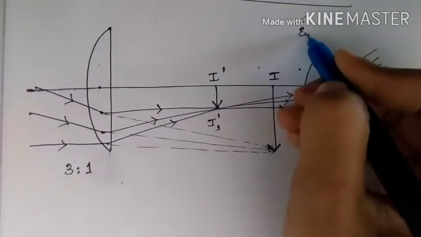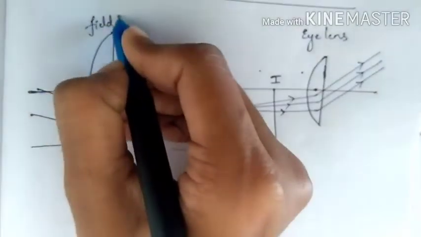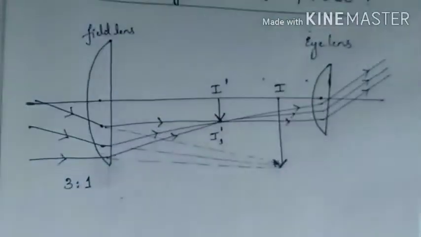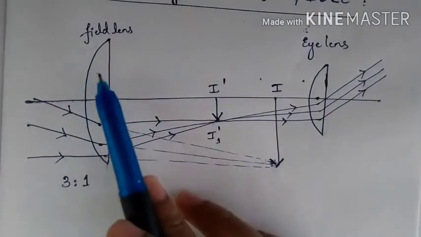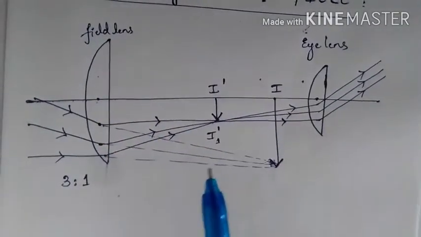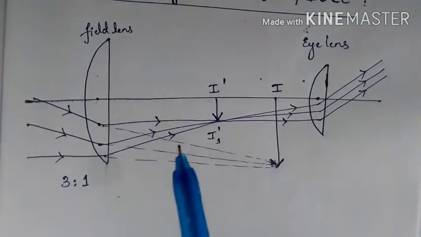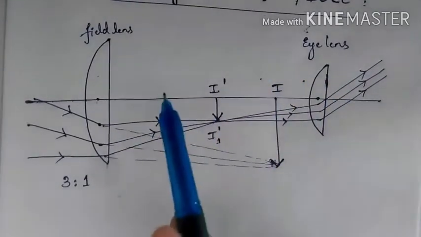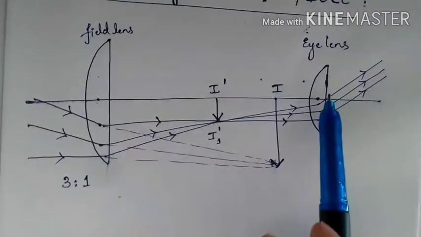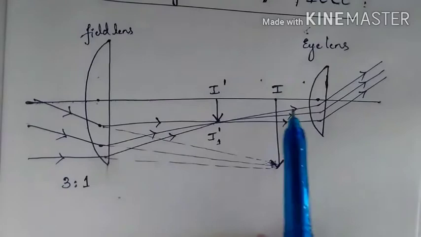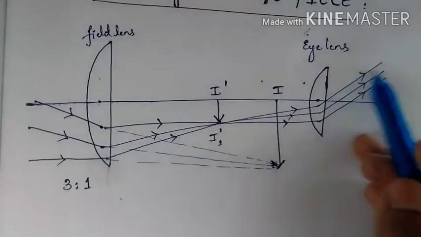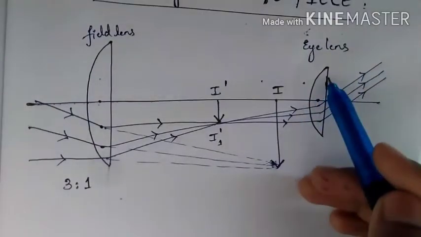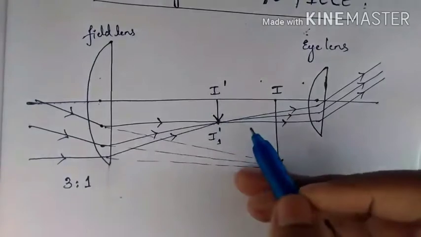So this is the eye lens and this is the field lens, and the overall system is the eyepiece. In the eyepiece you have the field lens and eye lens, and there will be two refractions within the eyepiece. One refraction is due to the field lens and another refraction is due to the eye lens. The image of the eye lens will be formed at infinity, whereas the object for the eye lens is I prime.